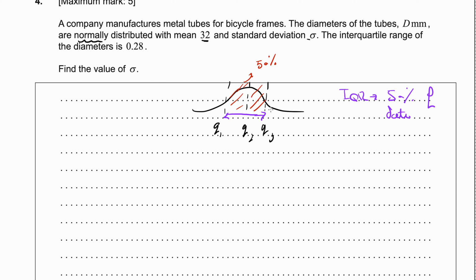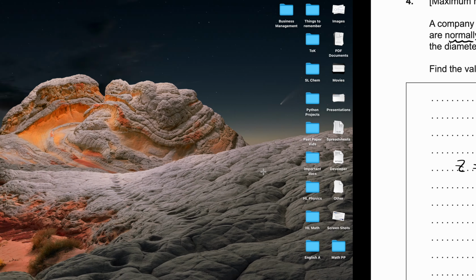If we consider 25% of the data, from Q1 to Q2, you can calculate the z-score of that 25%. As it is normally distributed, we can consider the inverse normal of 25% with a mean of 0 and a standard deviation of 1.